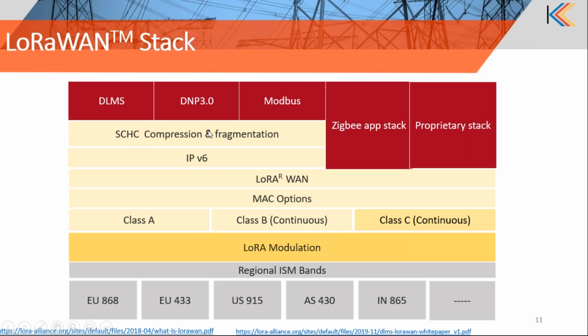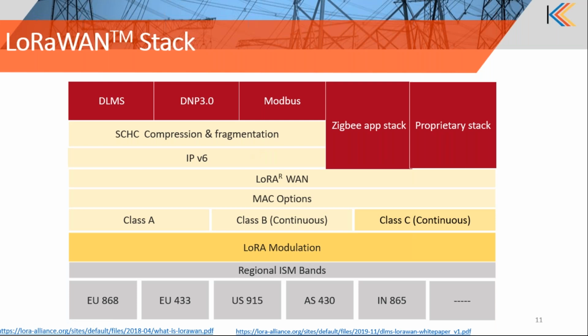So an additional gateway or additional stack needs to be integrated with the LoRaWAN network. Using an SCHC gateway, you could basically run DLMS, DNP3 or Modbus protocol over LoRa using compression and fragmentation techniques defined in the standard.